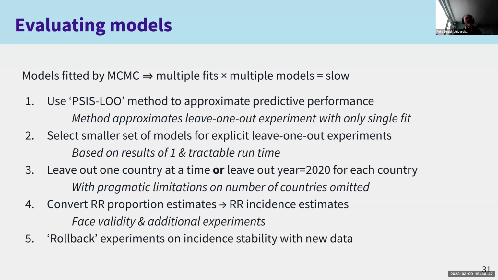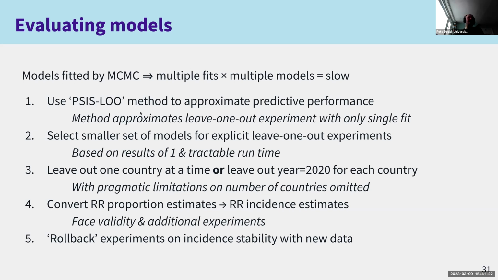So I'll maybe slightly speed up, but we carried out a number of experiments. First of all, we used a metric that's been developed in the last few years for Bayesian models of this kind that, in principle, allows you to approximate what would have happened if you did a leave one out experiment, which are computationally expensive, without actually doing it.